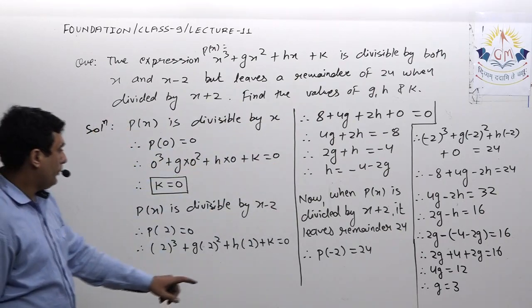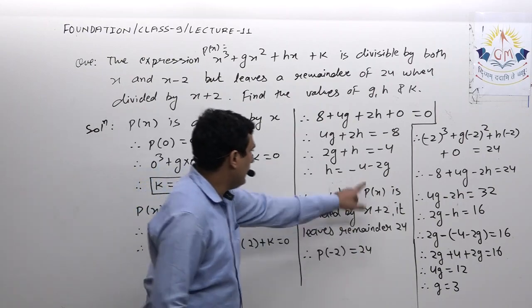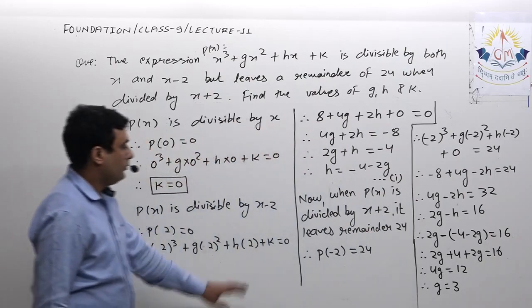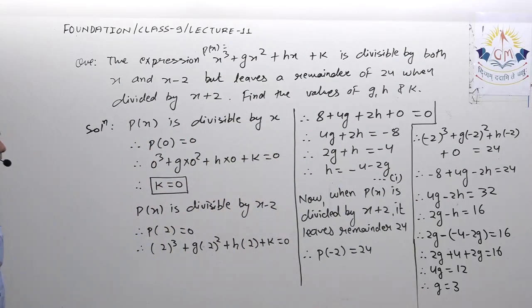Now if you put g equal to 3, I will get the value of h. So note it down up to this point, then I will give you the remaining solution.